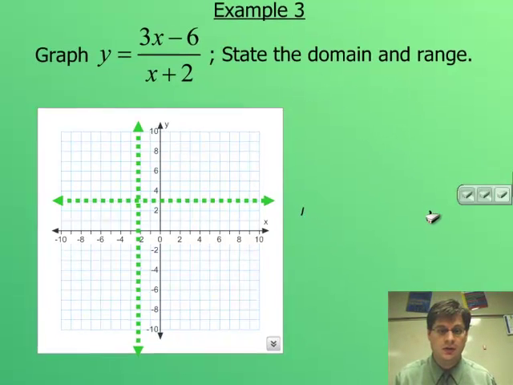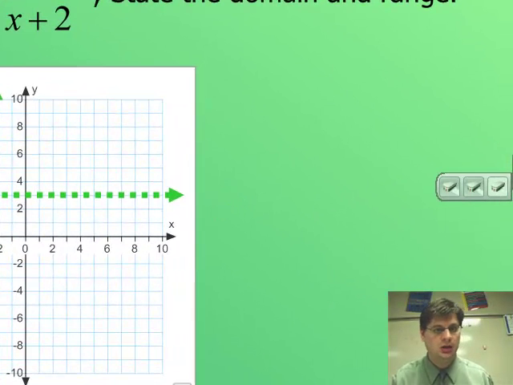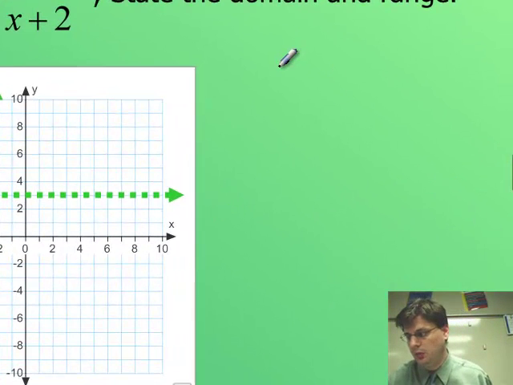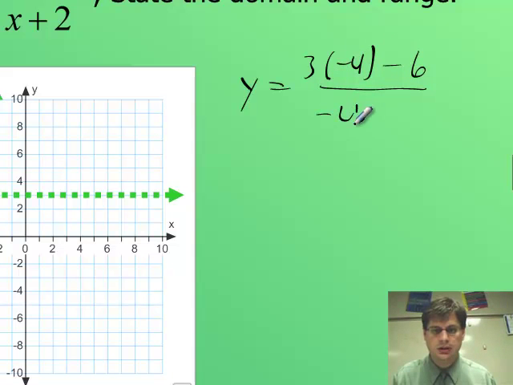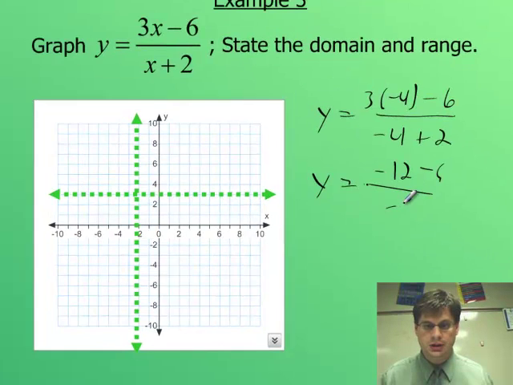Alright, now it's simply going to be a matter of selecting some points and substituting them in and finding what the graph is going to look like. Like I said, 2 points per side will work just fine. So for instance, let's say I choose negative 4. So y equals 3 times negative 4 minus 6 over negative 4 plus 2. So y equals, let's see, it's going to be negative 12 minus 6, which will be negative 18, over negative 2.